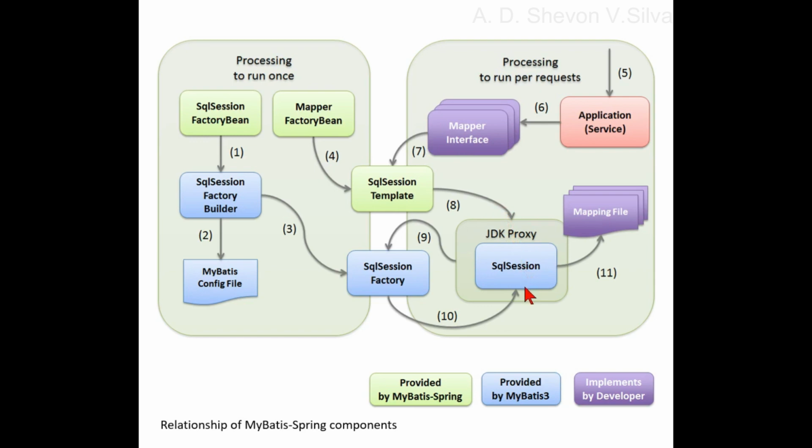SQL session is inside JDK proxy, and 9, JDK proxy is connected to SQL session factory. 10, SQL session factory is connected to SQL session. 11, SQL session is connected to mapping file.